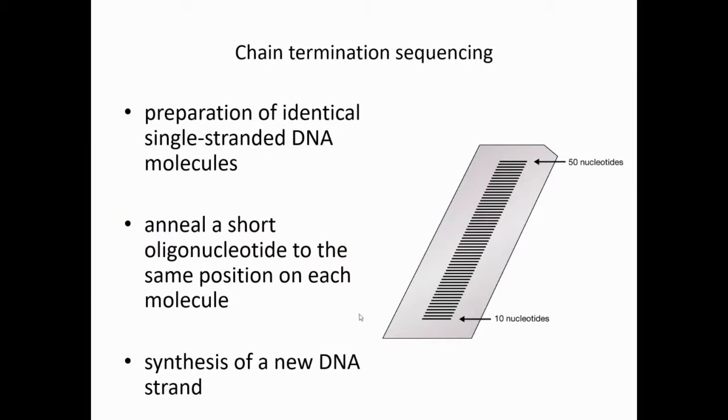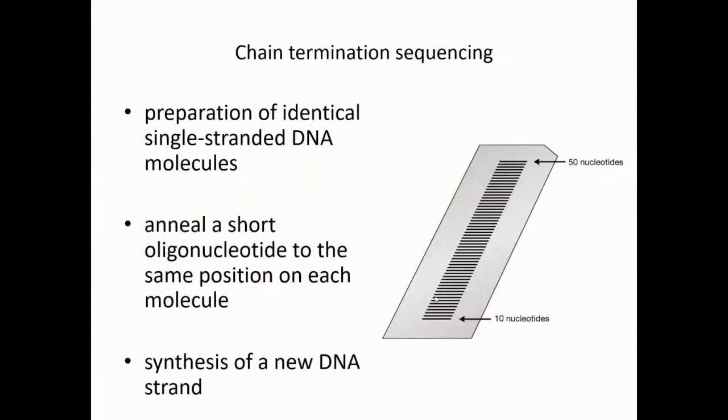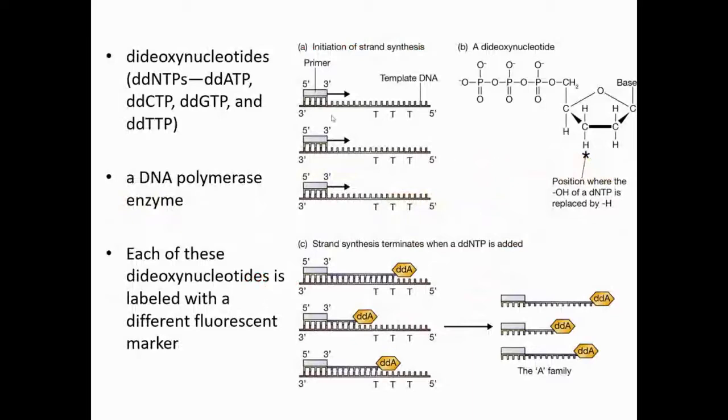At the place where they incorporate the dideoxynucleotide, the synthesis will be terminated, and then you will see different lengths of DNA molecules. After gel electrophoresis, you will see a series of bands, all right? That's the idea.